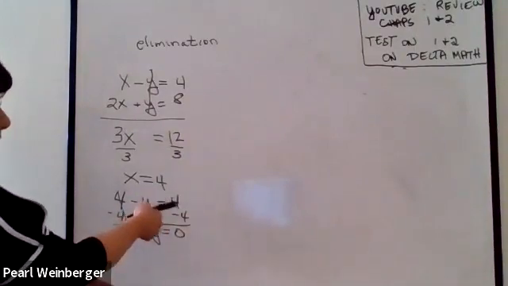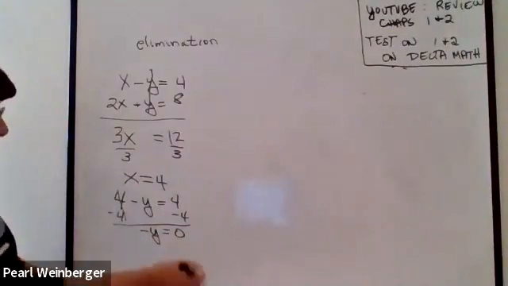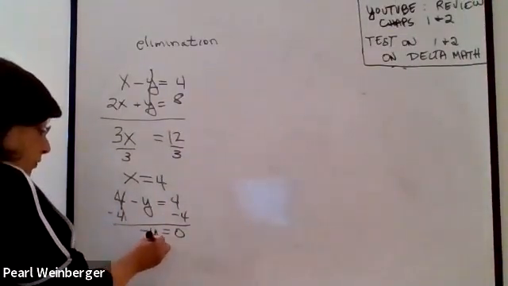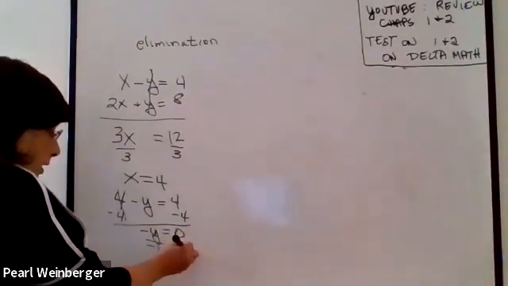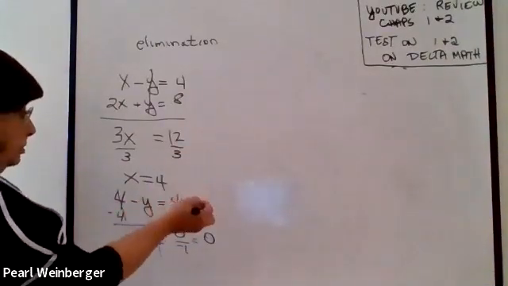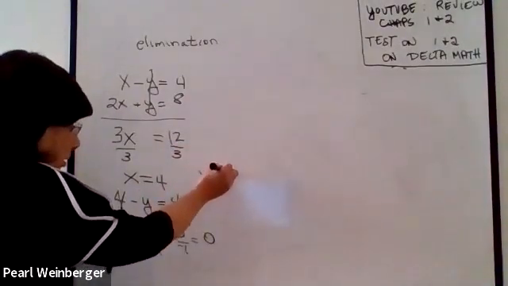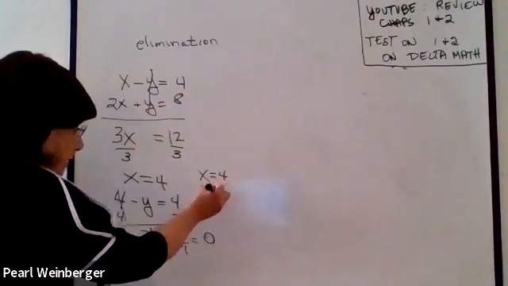We know whenever we have a positive and negative of the same number, when we add them, we get 0. Of course, I now have to divide by negative 1, and 0 divided by anything is 0. So it turns out that my x is 4 and my y is 0.